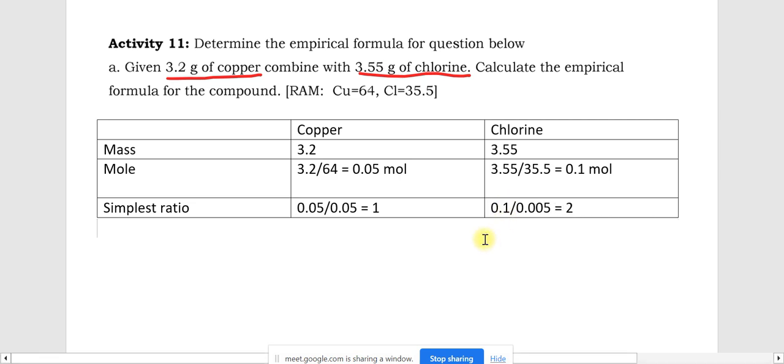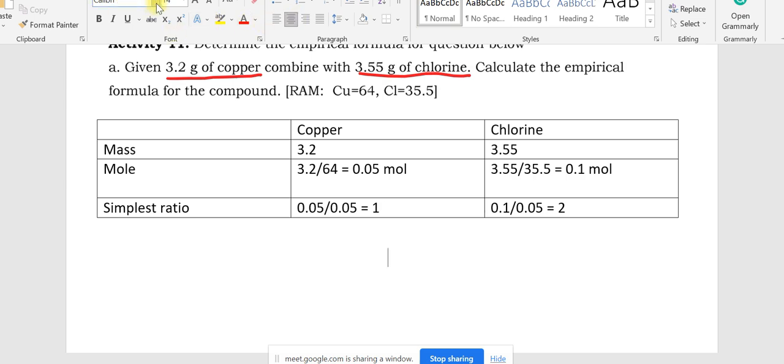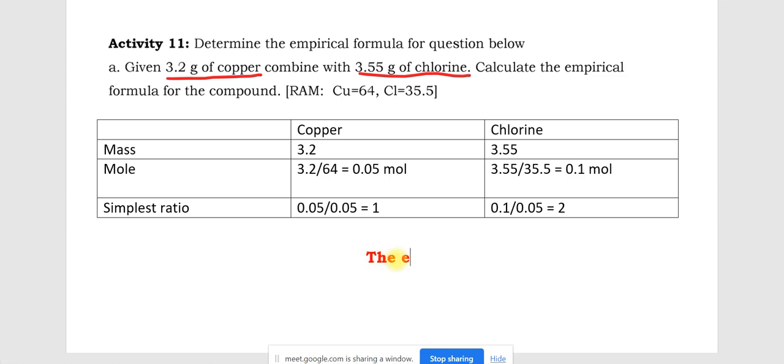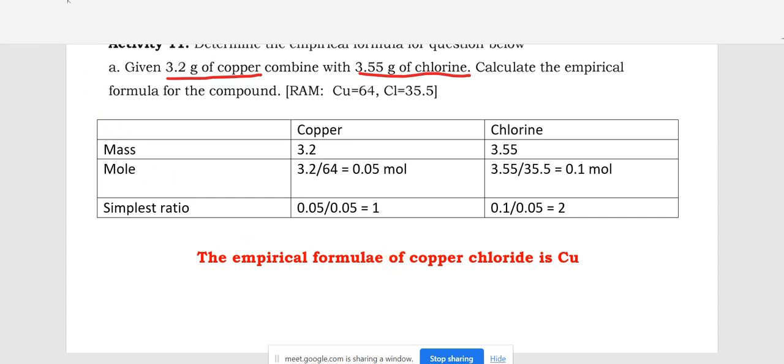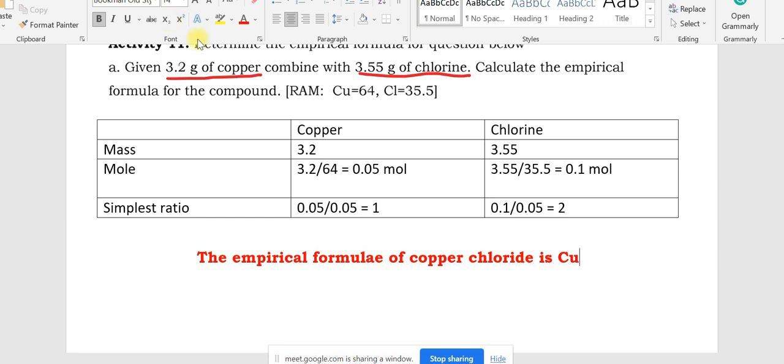So finally we must write the empirical formula of copper plus chlorine, copper chloride. Right? Copper is Cu, it is 1, so Cu1.